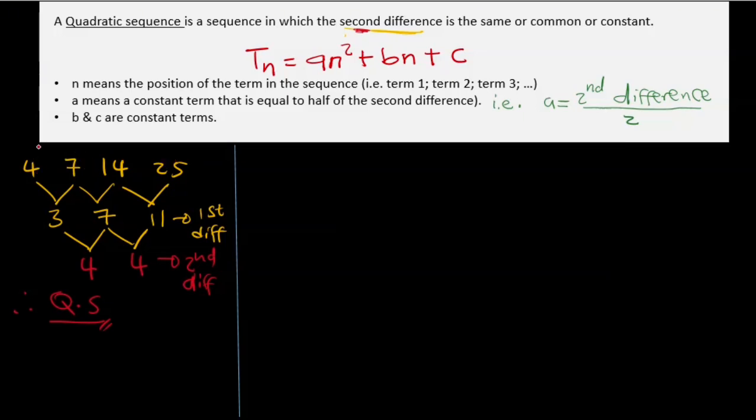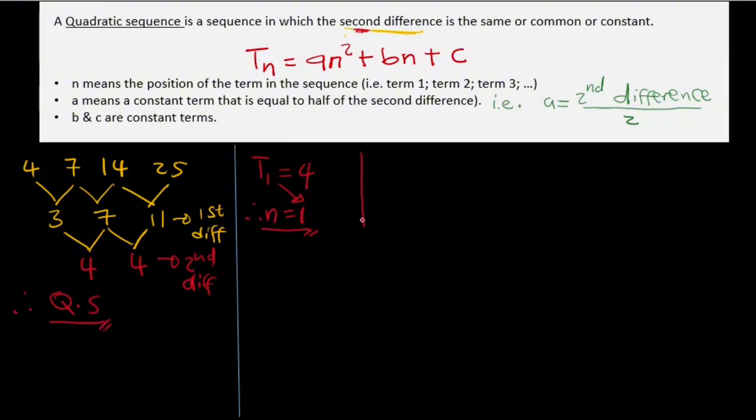So let me say if you have term 1, which is 4, therefore n will be 1, which simply means T is the term and 1 is the position that term is occupying. So position 1 is occupied by the number 4. That is why T1 is equal to 4.